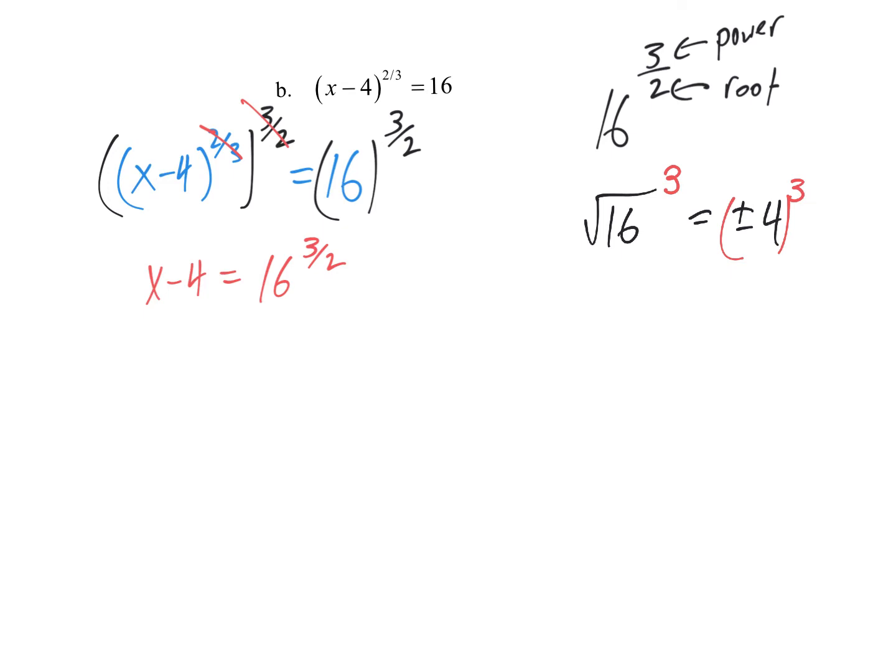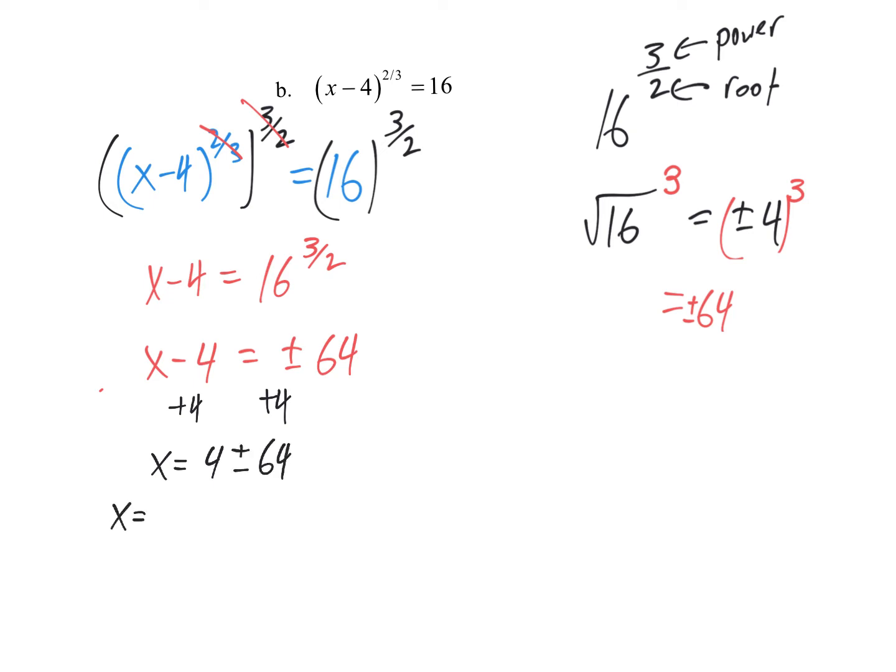And we can, of course, continue that and say, hey, this is going to end up being 64, with that plus minus. Okay, so x minus 4 is equal to plus or minus 64. Okay, and we can go ahead and solve these pieces individually. Let's just start by moving the 4 over, plus 4 to each side. So I've got x equals 4 plus or minus 64. And we should get x equals 4 plus 64, making 68, and x equals negative 60.